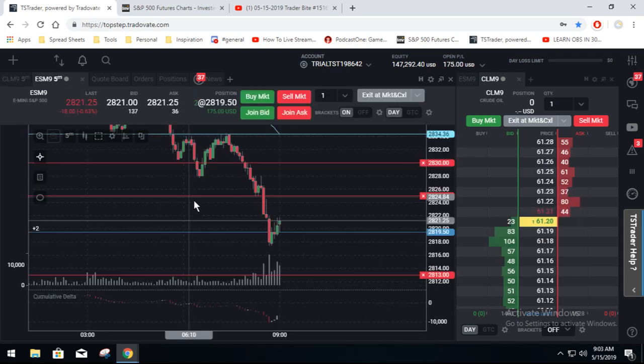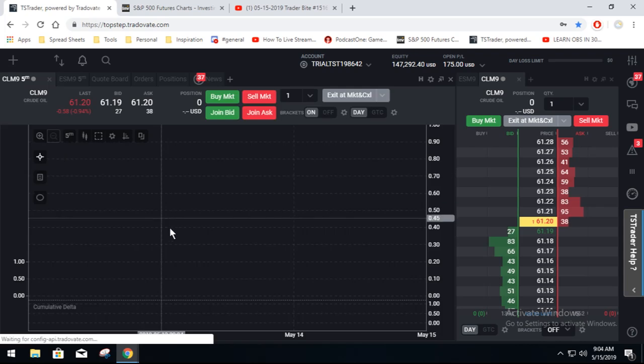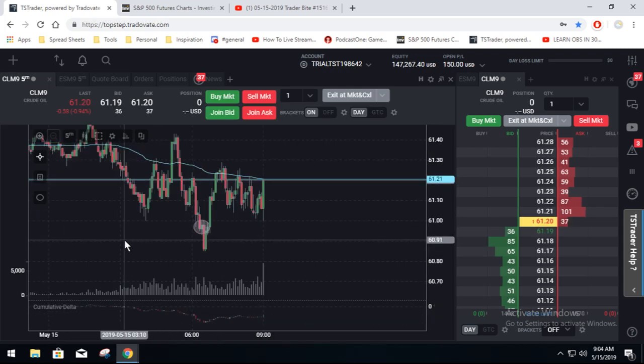Let's monitor our ES. See, right on VWAP, broke VWAP.